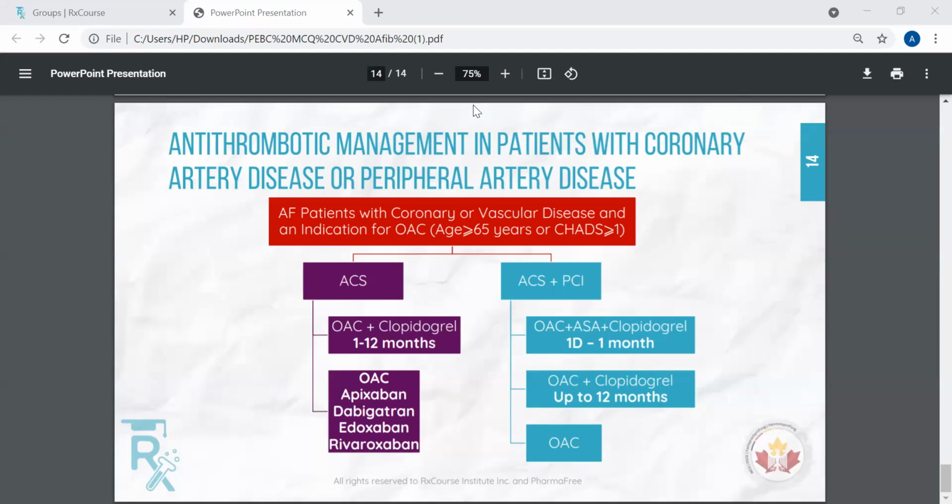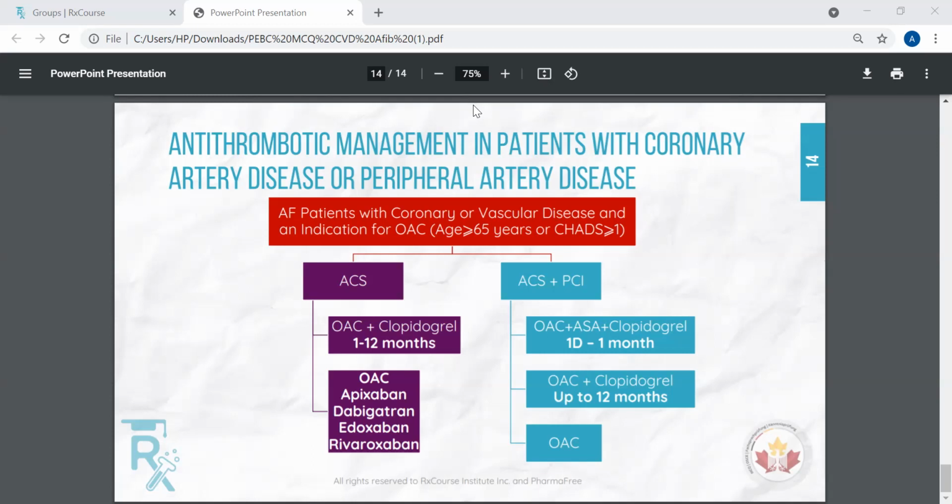Okay, you will be case number 1, which is a patient who has atrial fibrillation and has recent elective PCI, but his age is less than 65 and his CHADS score is 0. You don't have any congestive heart failure, any diabetes, any hypertension, like the simplest case.